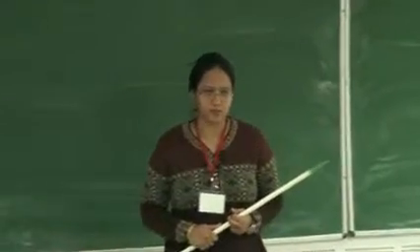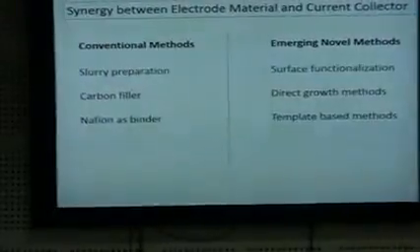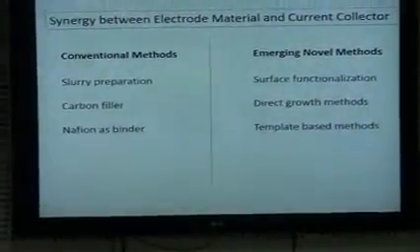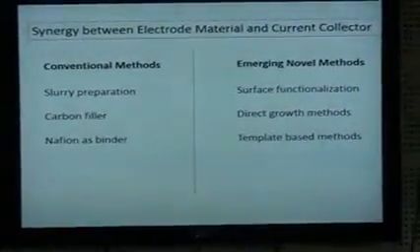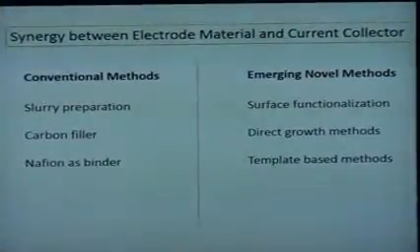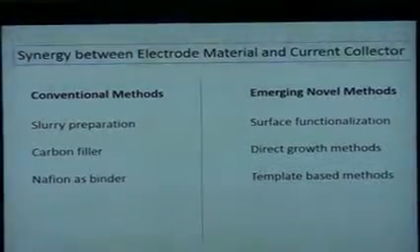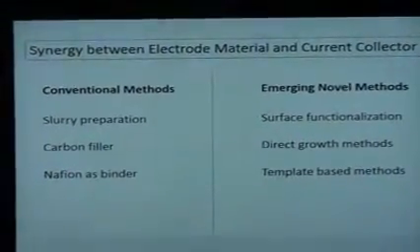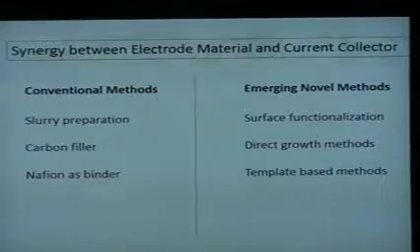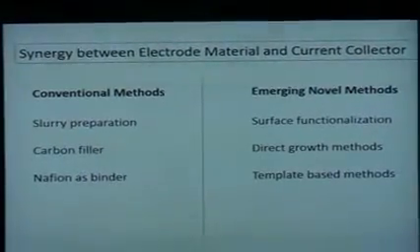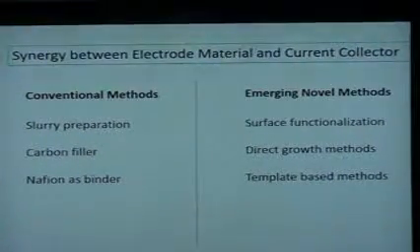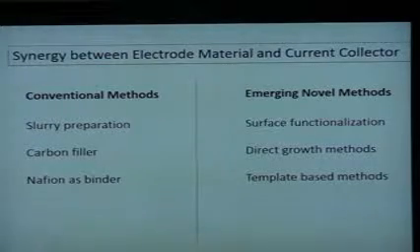So this is throwing more light on the synergy between electrode material and the current collector. The conventional methods that people have used in the past involve slurry preparation with activated carbon or carbon based powders, and then using some binders like Nafion or many other things; some conducting polymers are also used.